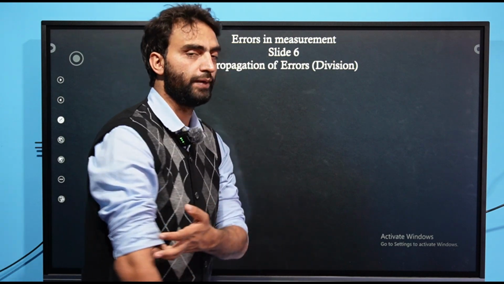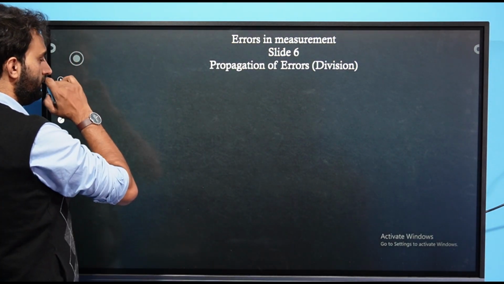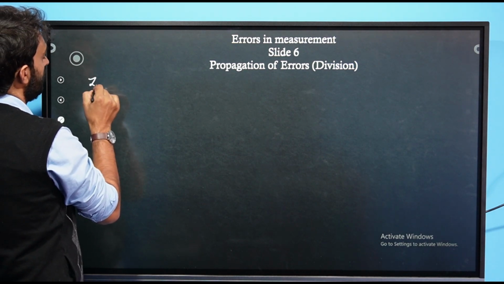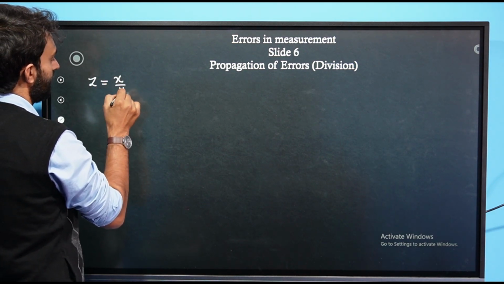This is the propagation of error in case of division. So this is the fourth one now. Let us suppose we have a quantity z is equal to x divided by y.